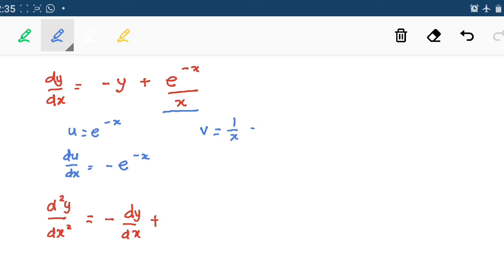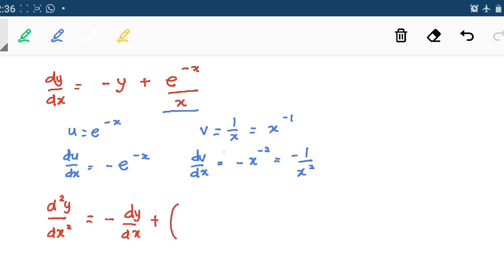We change it into indices, so we get x to the power of negative 1. So dv over dx is equal to negative x to the power of negative 2, equal to negative 1 over x squared.